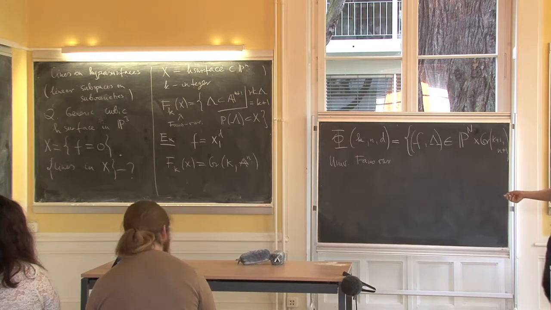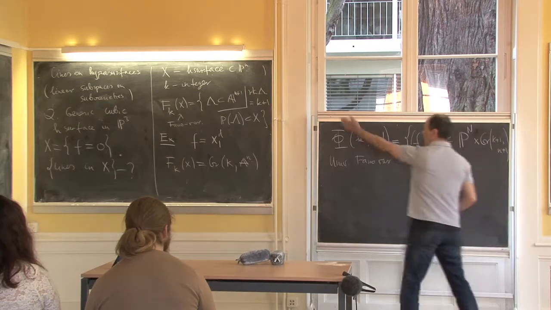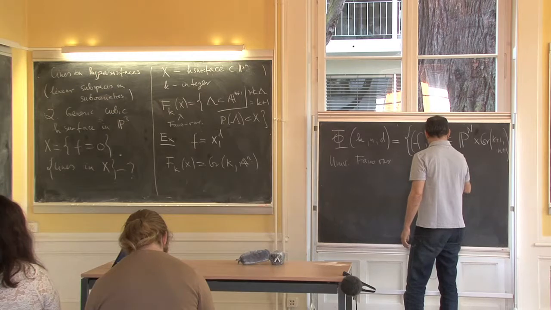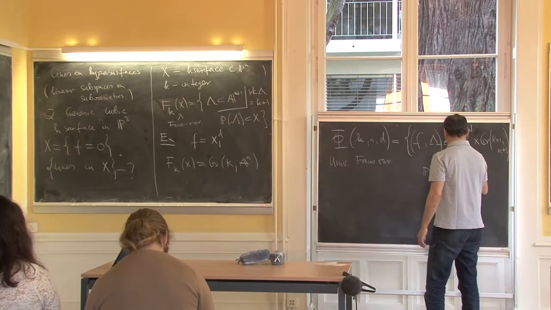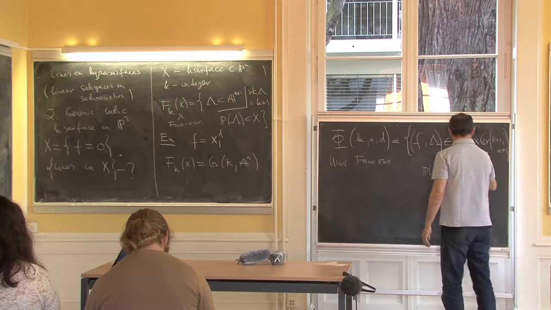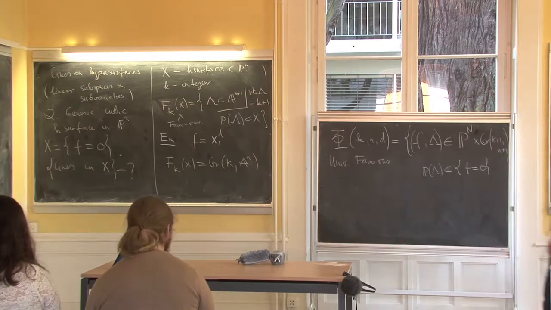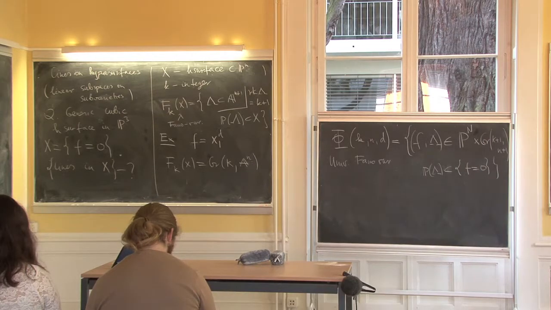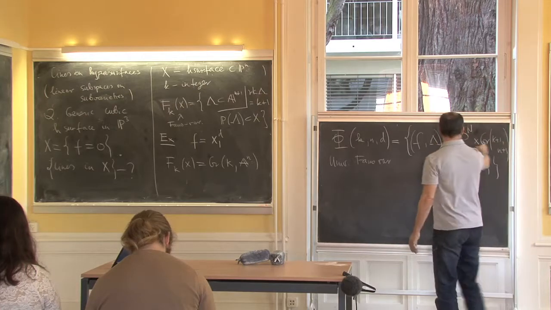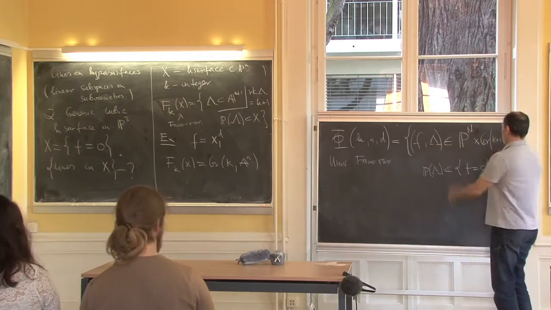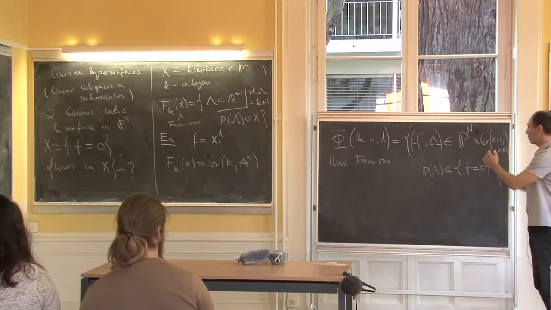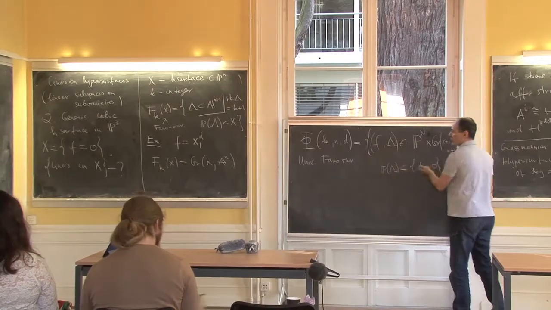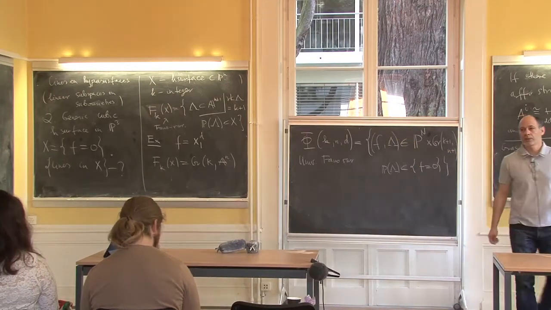It's the same condition: that P(Λ) is in the zero set of f. Okay, and so these are pairs, so it's a subset of this product. I have a product of projective space and Grassmannian, a beautiful smooth variety, and I have a single condition which is the same. So I just put everything together.